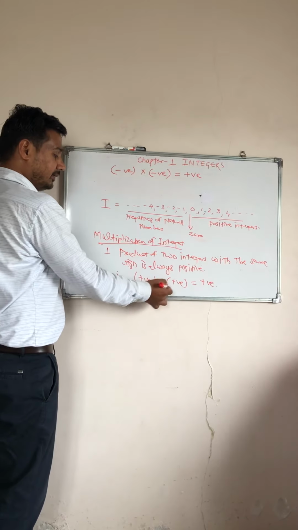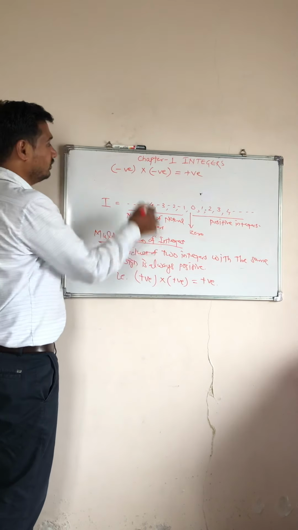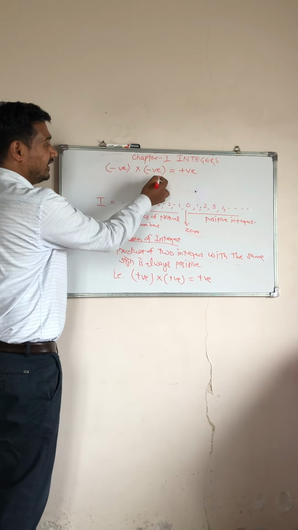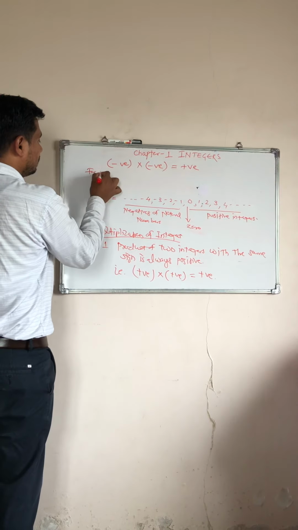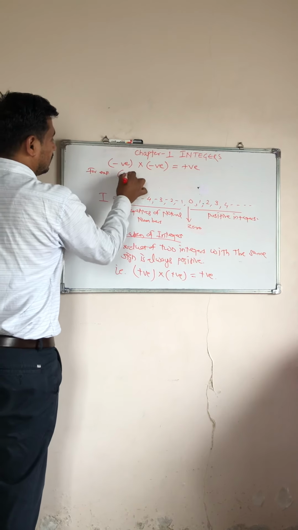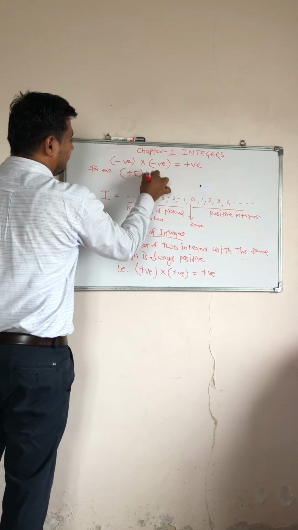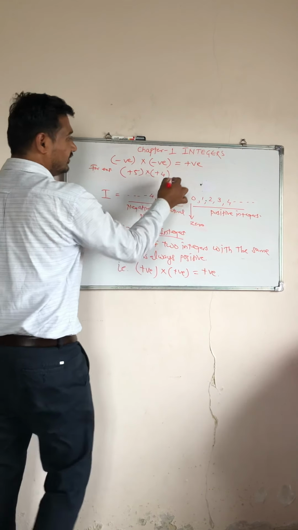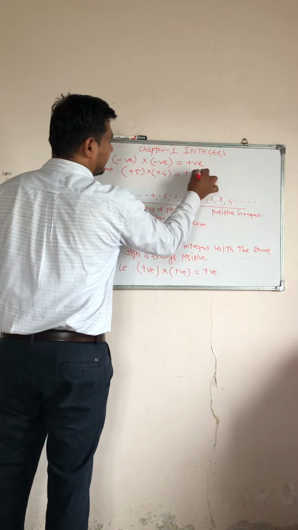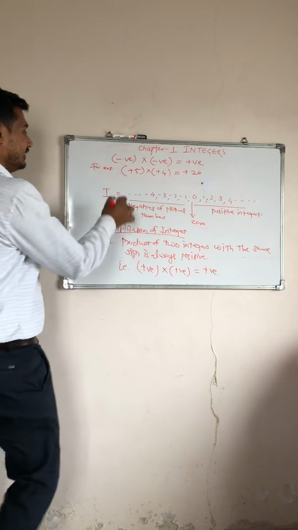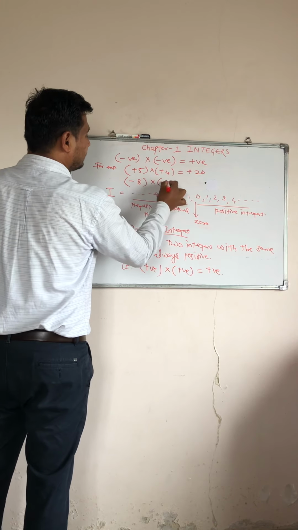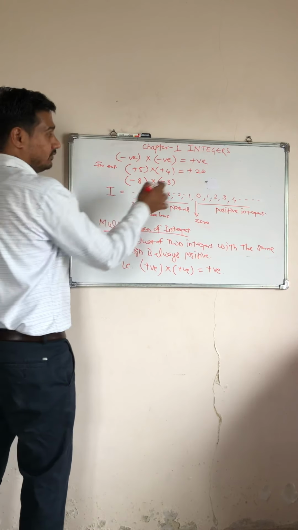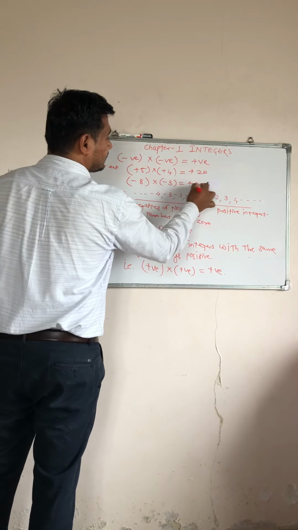For example, plus 5 multiplied by plus 4 gives plus 20. Another example: minus 8 multiplied by minus 3 equals plus 24.